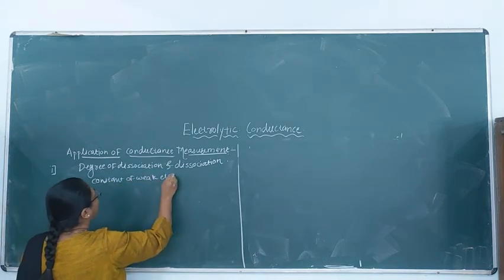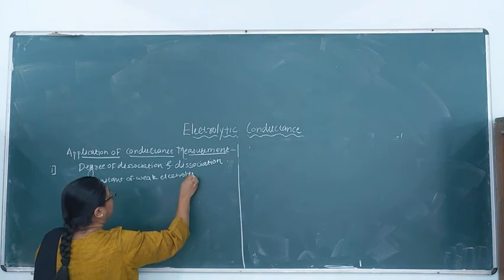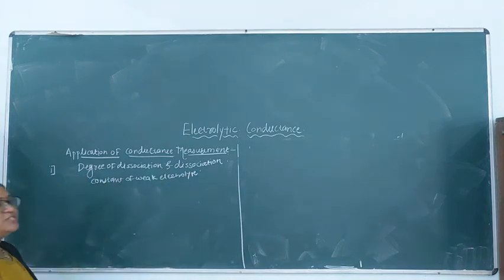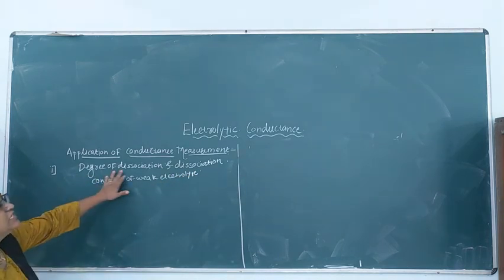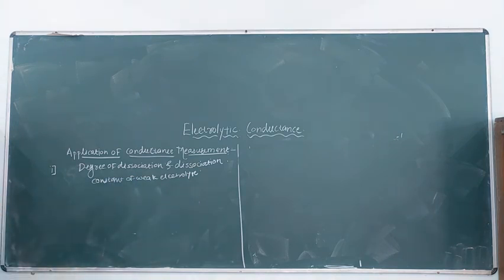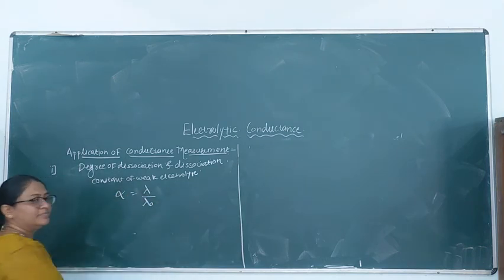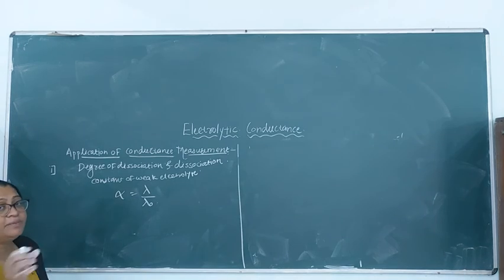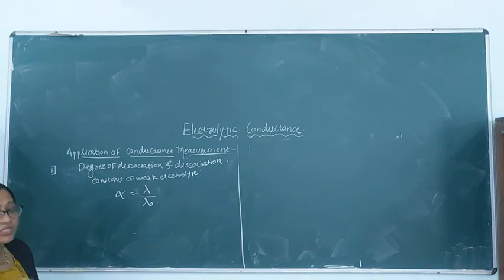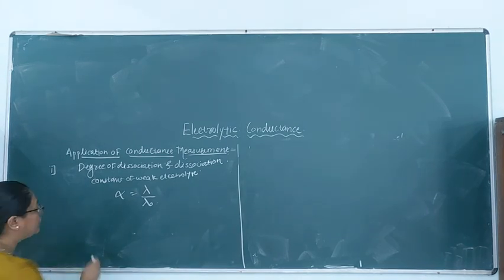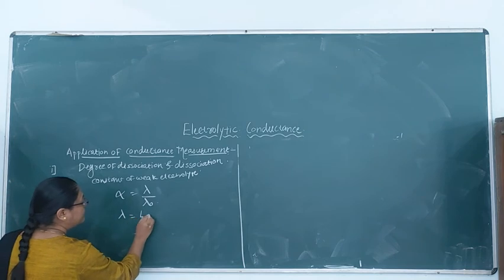From the conductivity measurements we can find out the degree of dissociation and dissociation constant for weak acids or weak bases. How? Obviously we know that alpha is equal to lambda by lambda 0. Correct? Therefore, by preparing a definite concentration of that weak electrolyte we can find out lambda.